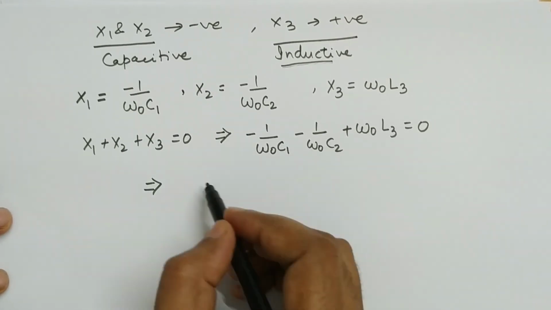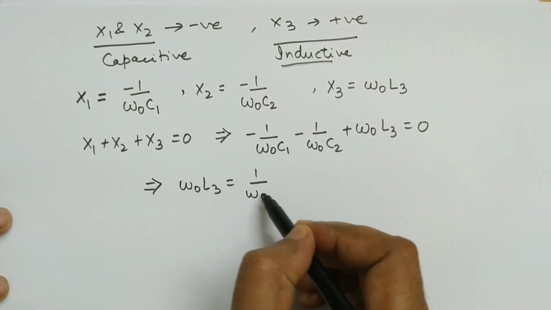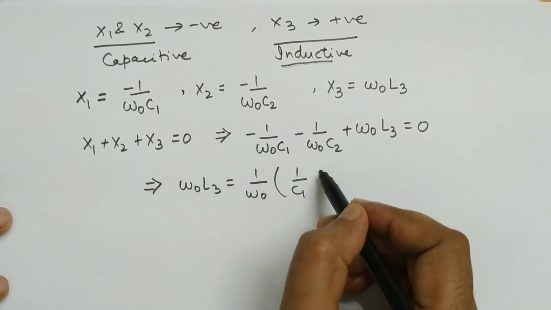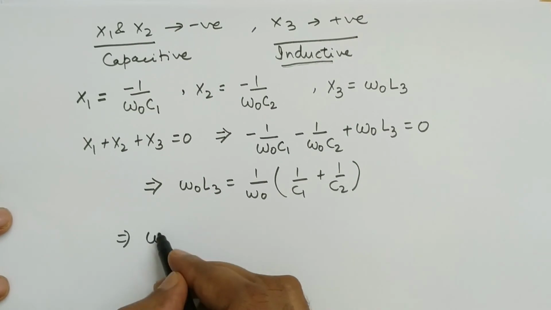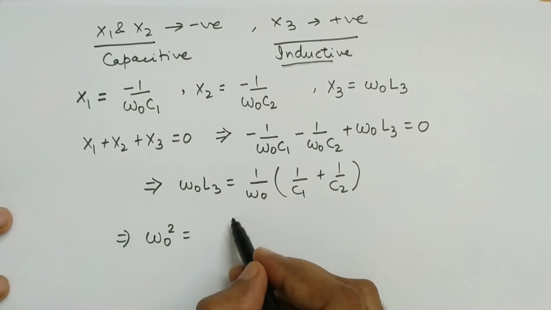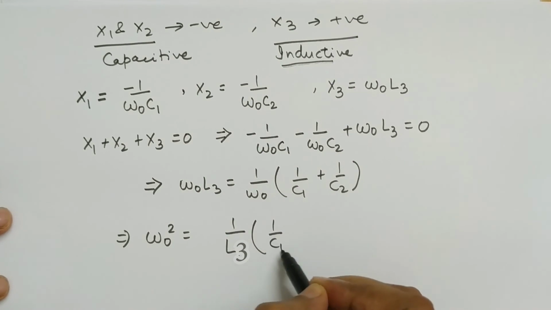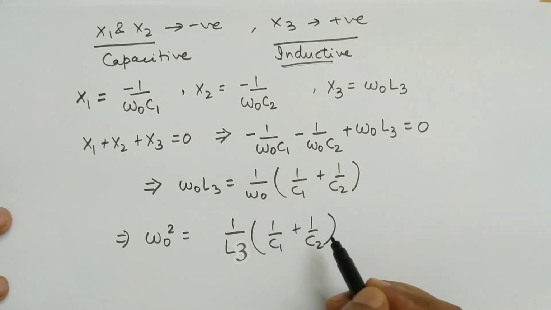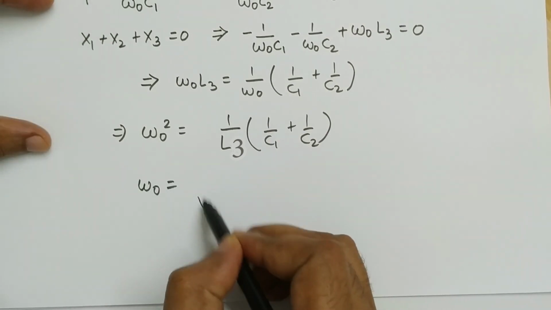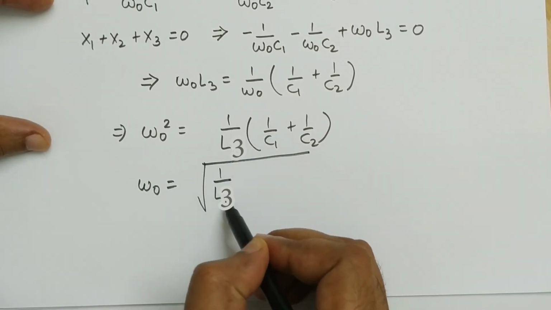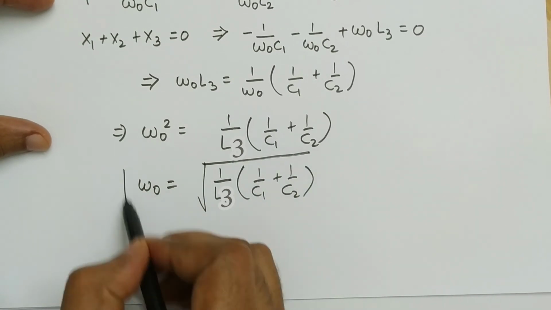So this will be omega naught L3 equal to 1 by omega naught times 1 by C1 plus 1 by C2. So omega naught square equal to 1 by L3 times 1 by C1 plus 1 by C2. Omega naught equal to under root 1 by L3 times 1 by C1 plus 1 by C2.